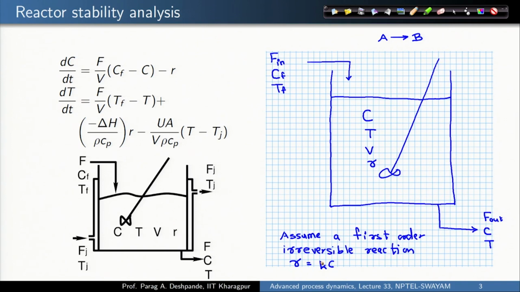Now, having known this, I have now analyzed what is going on as a flow process and as a reaction in the reactor.